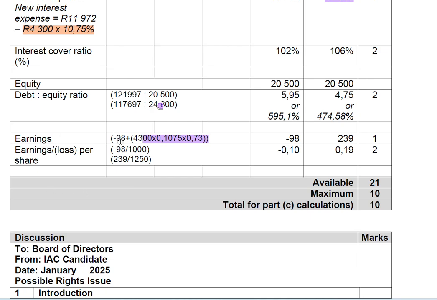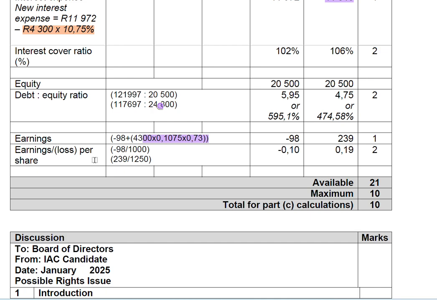The earnings we have been given is minus 98 on the P&L statement currently, without the right issue. However, with the right issue, our earnings will improve, because we would have saved the post-tax interest, now that we've paid back the amount of 4.3 billion.